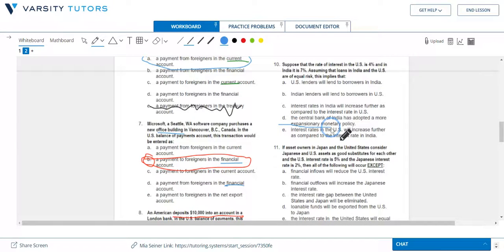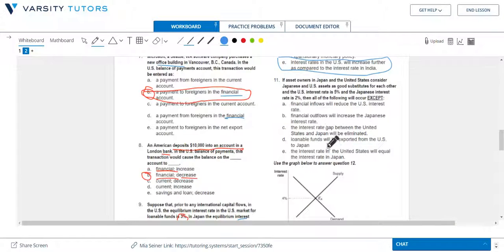Why does that happen? Because eventually people start trying to turn their dollars into the Indian currency, increasing the demand for Indian currency, but the decrease in supply of US currency would eventually cause US interest rates to rise.